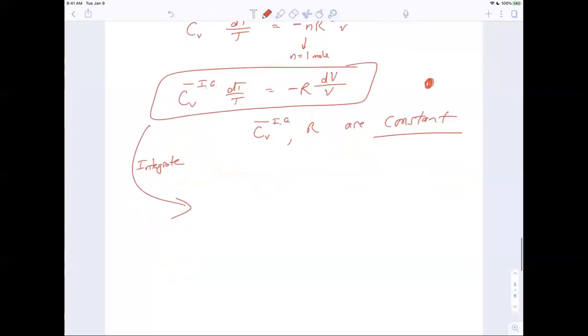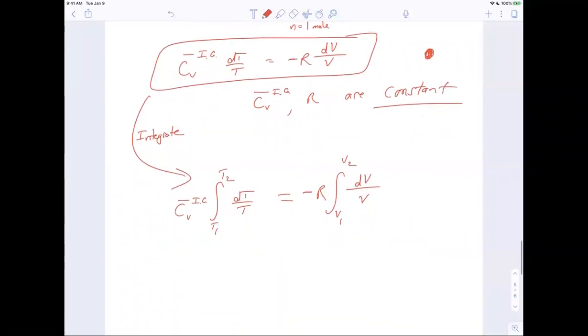This is a very simple integration. CV is a constant, so we don't have to worry about that. We have an integral of dT over T from T1 to T2, because we know that temperature will change, and that's going to equal minus R, which is a constant, times the integral from V1 to V2 of dV over V. Remember, volume changes in this process. I can do the integral of dT over T, dx over x, 1 over x dx, all the same way, right?